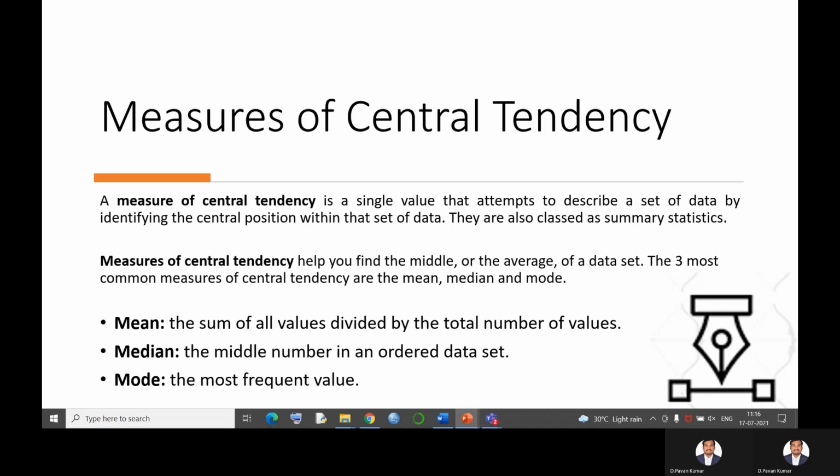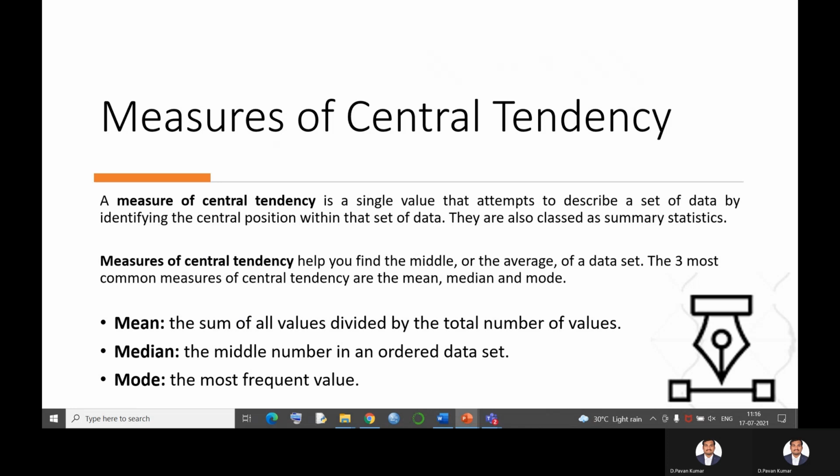From there itself, we have a foundation of these three terminologies: calculation of mean, median, and mode. All three values will give you approximately the same result. These three measures are used to find the same value, but in different situations we use different formulas to get the answer.